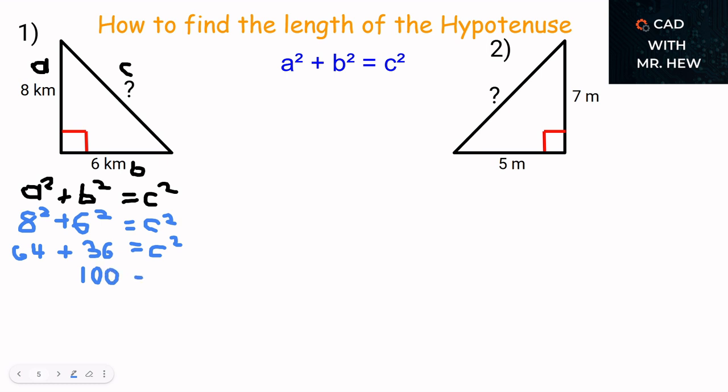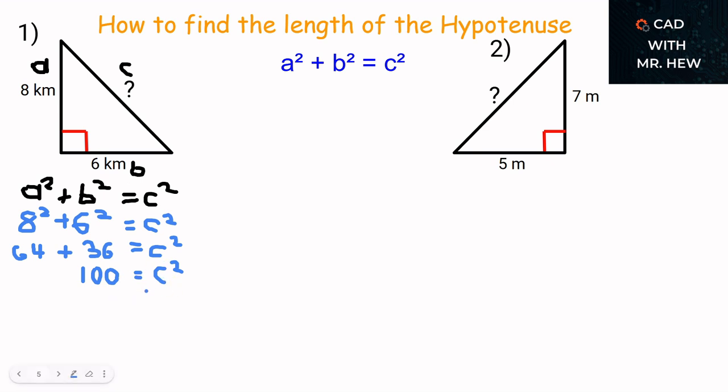Write down the equal sign. I will try to make the equal signs be in the same column, just for neatness and presentation, right? Now I want to isolate the c.